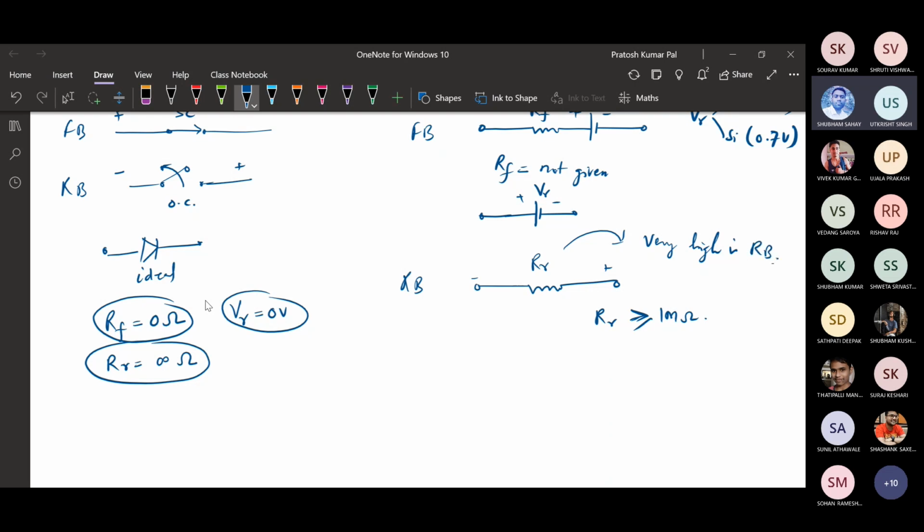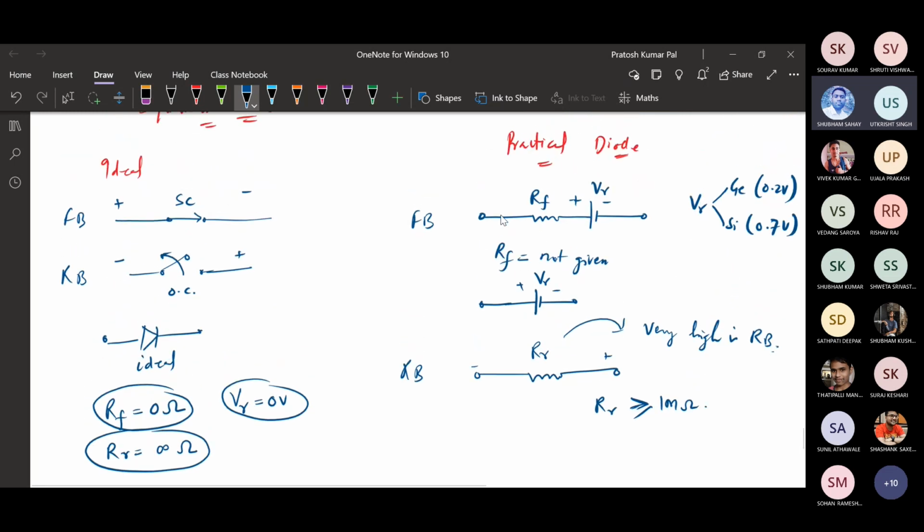So reverse resistance is basically very high in case of reverse bias. So this is the practical case of a diode. That point will be used frequently in the coming lectures. We will be replacing the diode with this equivalent circuit. Okay. So the next point we will see in the next class.